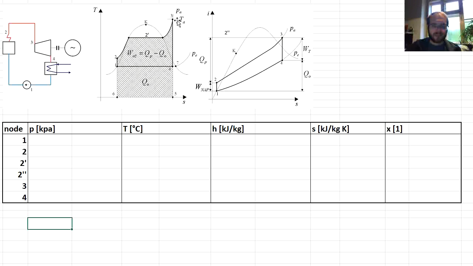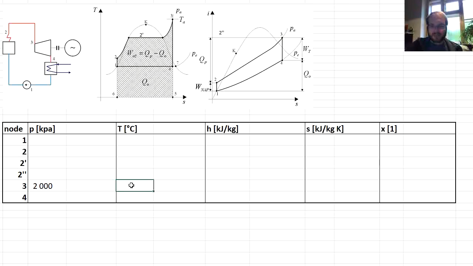So we were provided with the parameters at the turbine inlet at point 3, which were the pressure 2 megapascals, 2000 kilopascals, and the temperature 450 degrees C. So those are two inputs that we had. And the other input was that the pressure in the condenser at the turbine outlet at point 4 is 7 kilopascals.